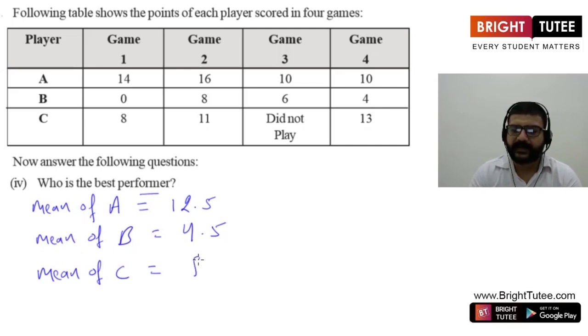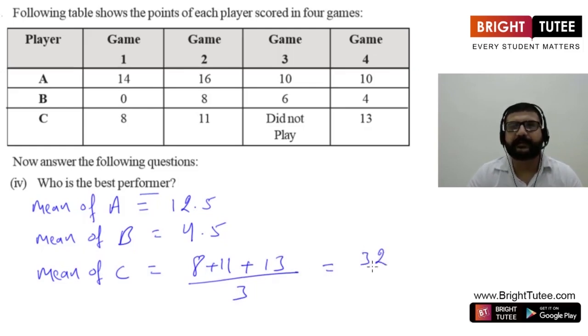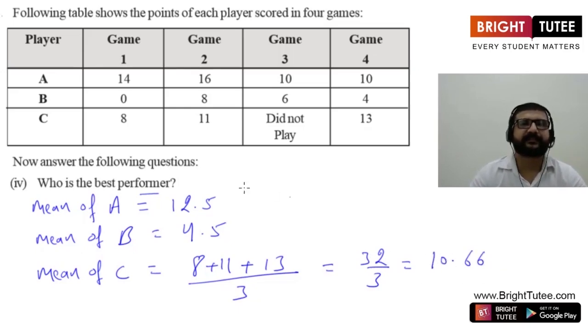This will be equal to 8 plus 11 plus 13 divided by 3, as he had played only 3 matches. So this will be equal to 32 divided by 3. Now this is equal to 10.66. Now as we can see here, player A is the best performer. So the answer for this question will be player A.